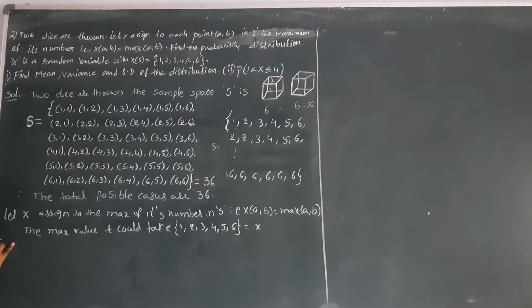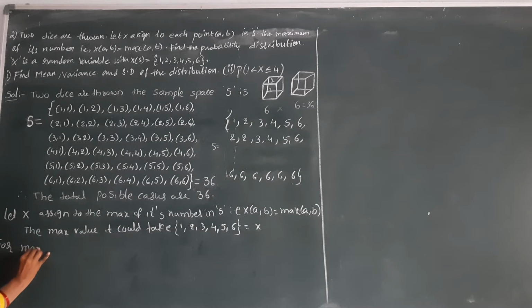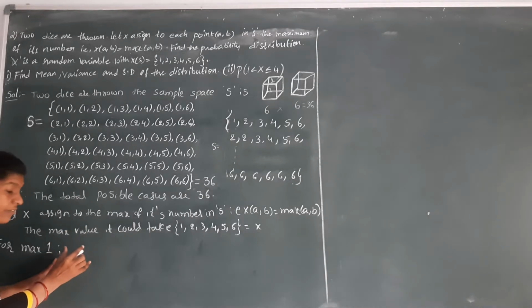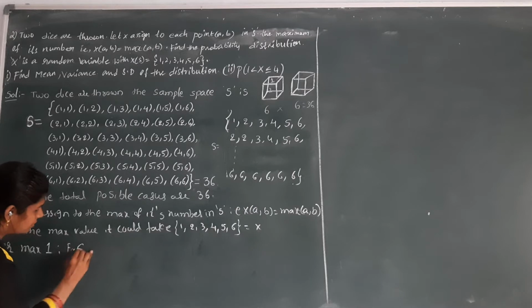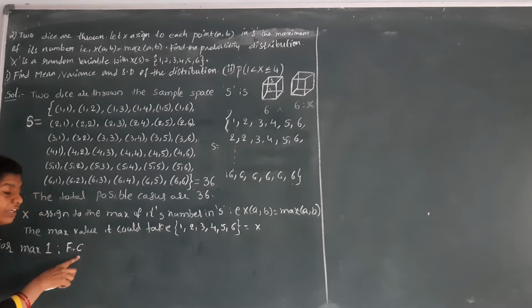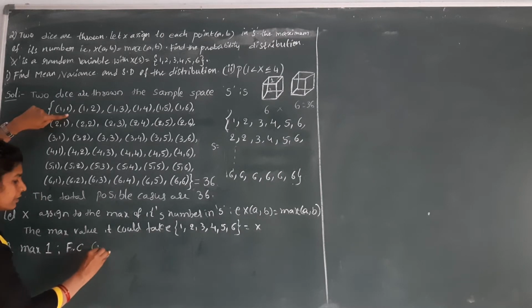So for maximum number 1, now I am writing the favorable cases. To get maximum number 1, we have only one case, that is (1, 1).